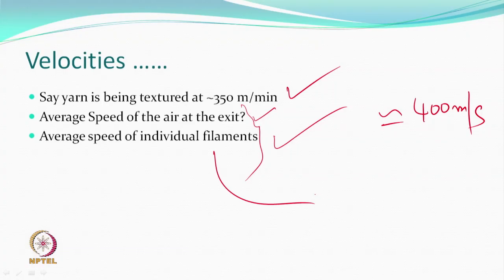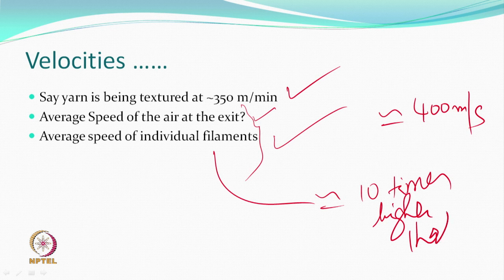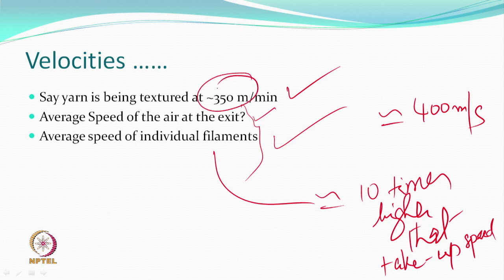But interestingly, the average speed of the filaments could be 10 times higher than take up speed. If this is 350, the filament may be doing 3500 meters per minute. What a speed! And all this is happening in a very short period of time.